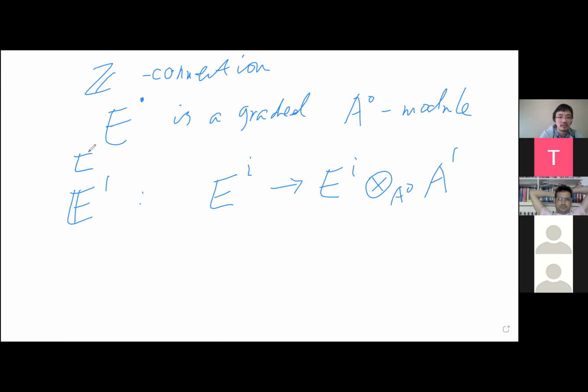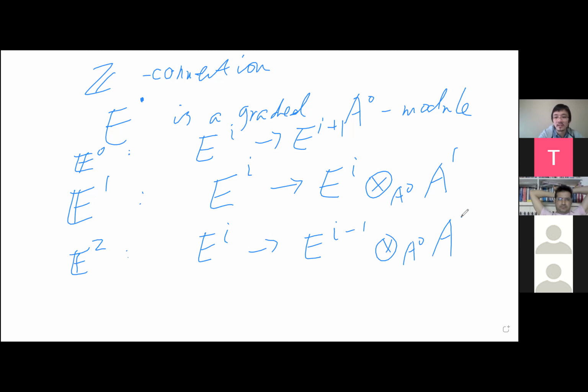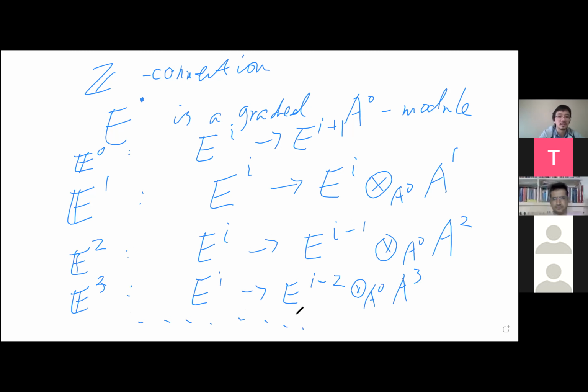But we also have one before and after that. E0 is each Ei goes to Ei plus 1, and E2 is Ei goes to Ei minus 1 tensor over A0 A2, and E3 is Ei goes to Ei minus 2 tensor over A0 A3, etc. The first one is E0, but in general, we don't have a last one. It can go forever and ever.